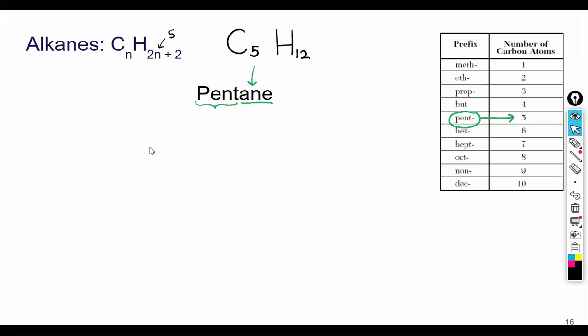Here's the first thing you need to do. Just start off with 1, 2, 3, 4, and 5 carbons, and then start to link them together. Remember, each carbon will have how many links coming out of it? 1, 2, 3, and this one is 4.